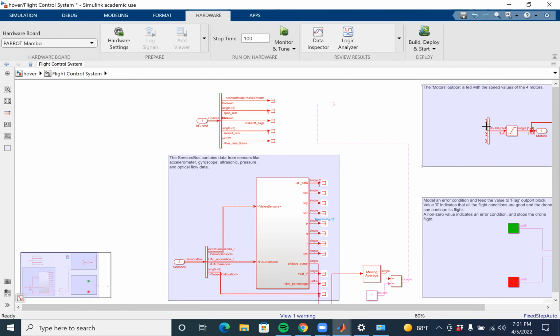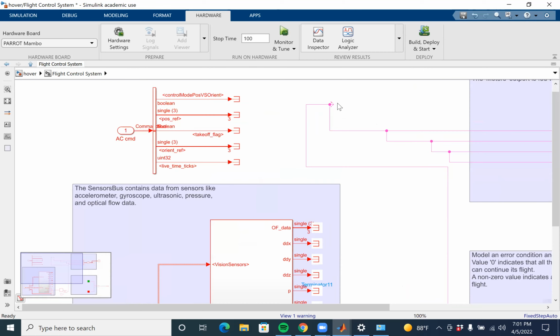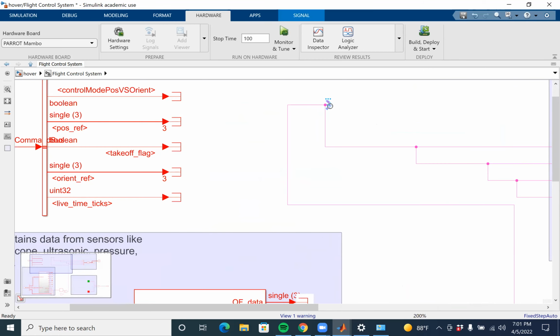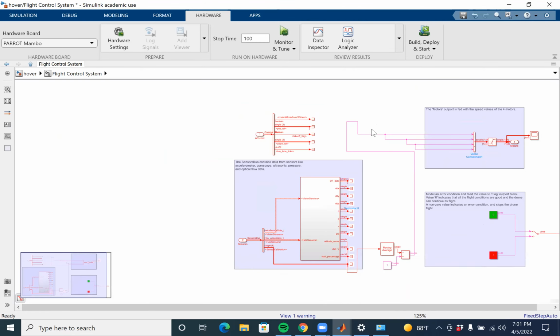So I think I just showed you this guy. This won't work without proper power control. I know it won't work without proper hover. That I know.